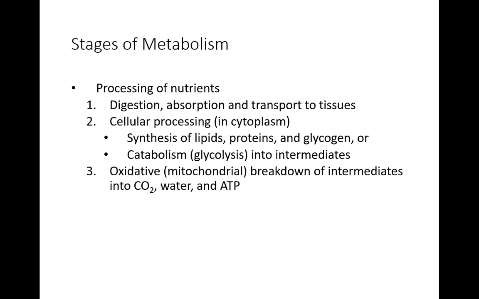We can use the available energy to put lipids back together again, or we can just store excess sugars. And that's not a bad payoff of energy. We get a little energy here in this second step. In the cytoplasm, we generate about 4 ATPs, or it says cellular processing in the cytoplasm. We get about 4 ATPs out of that. So that's not bad. We can survive off of that.